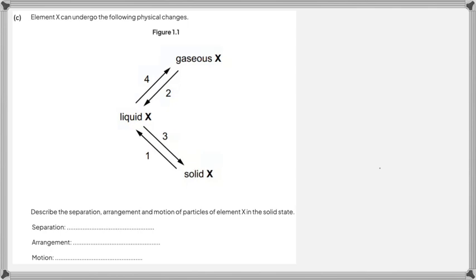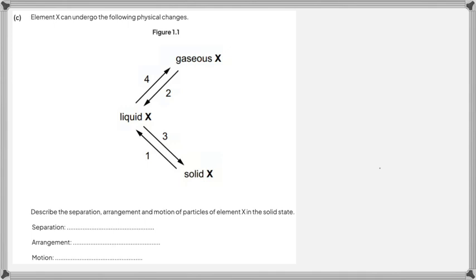For question C, element X undergoes the following physical changes. Describe the separation, arrangement, and motion of particles of element X in the solid state. Now again, the command word here is describe. Normally this one is a 3-mark question, and just be more specific.